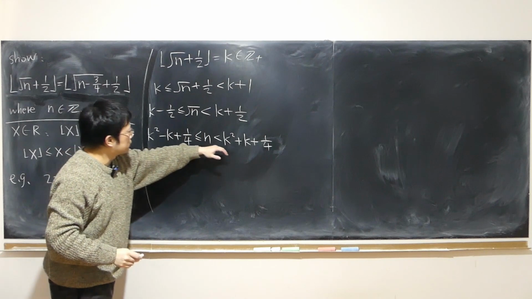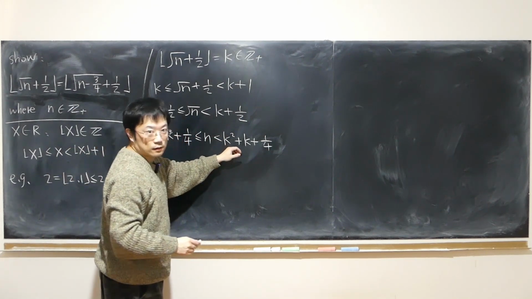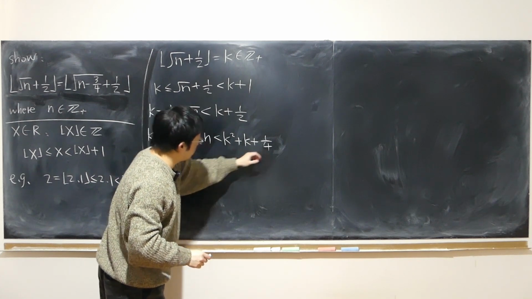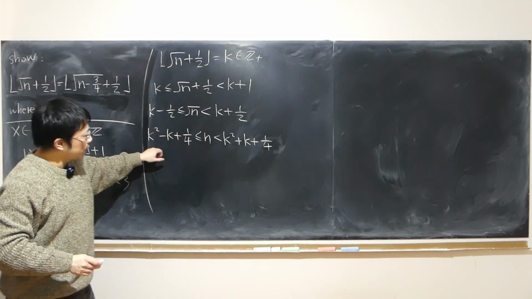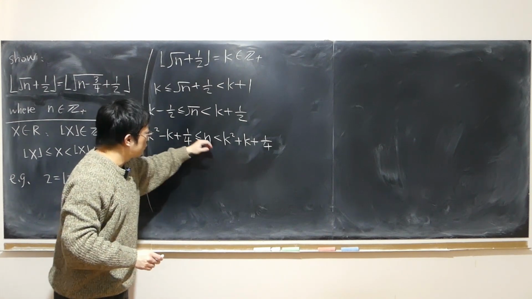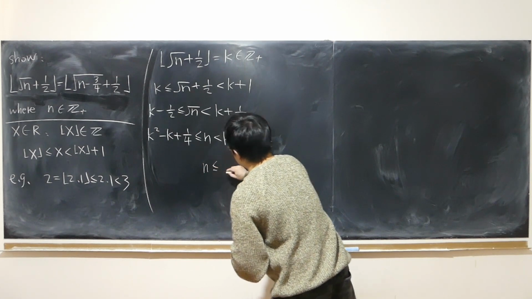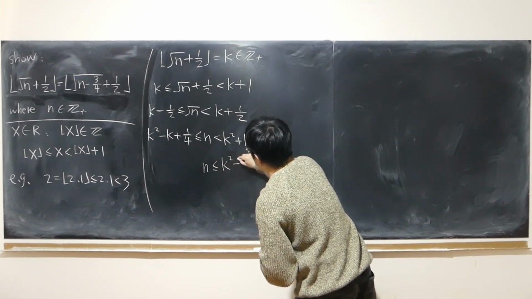But even though k is a positive integer, that's a decimal. For example, if that's 3.25, n cannot equal 3.25, but could be equal to 3. So n is less than or equal to k squared plus k.